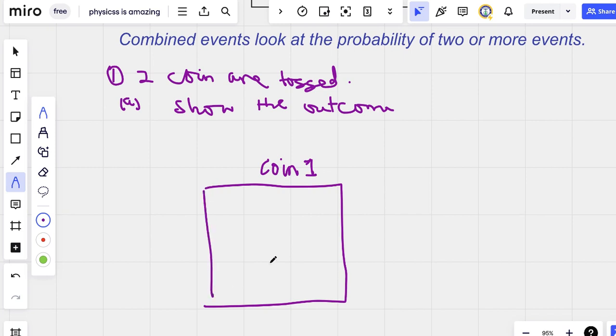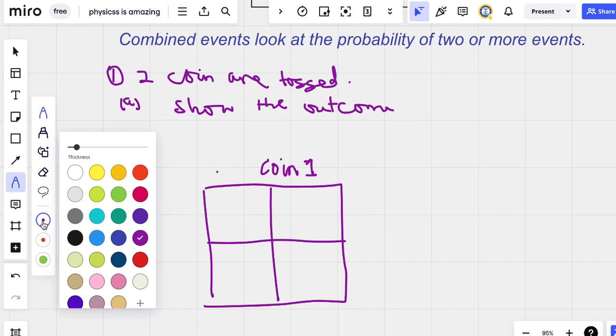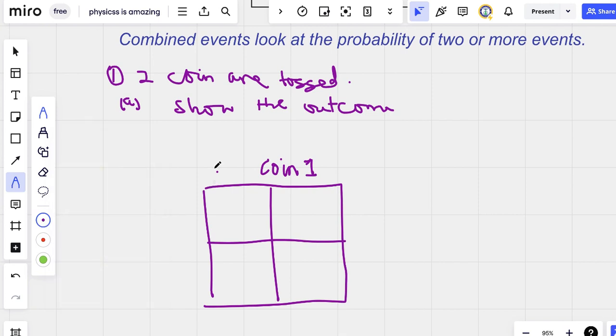Here we have head and tail for coin 1. We have a head here for the first coin, and a tail here for this same first coin. Every coin has a head and a tail.